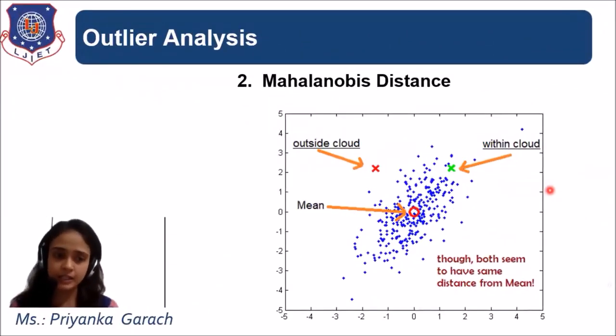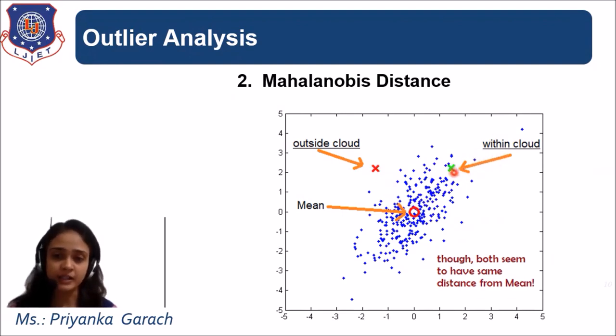So let's see this with the help of a graph. All the blue points show my x data points. This is my centroid, or we can say the center point of all my x data points. If I consider this particular blue point, which is shown with the green cross mark, then this data point is comparatively near to the centroid.